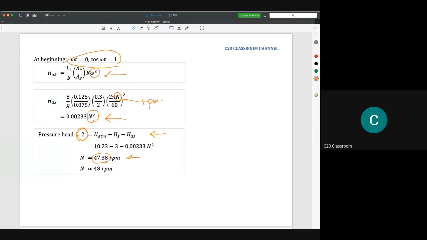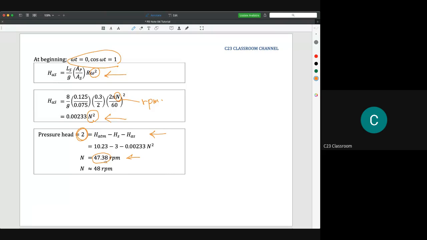So if you get 47.38, you are advised to round it up to 48 RPM, whether it is less than 0.5 or more than 0.5. Because when we reduce the RPM, for example, we take 47.0 RPM, it will make the piston easy to clog.